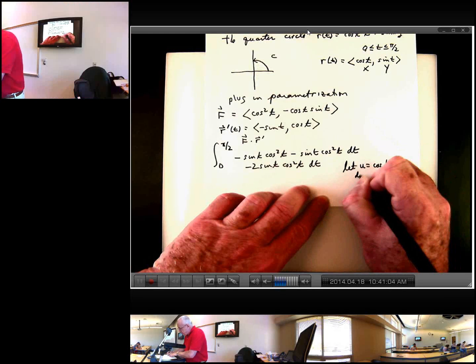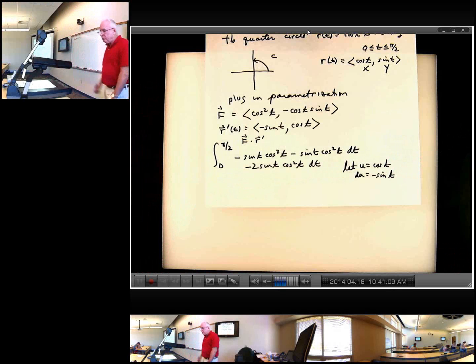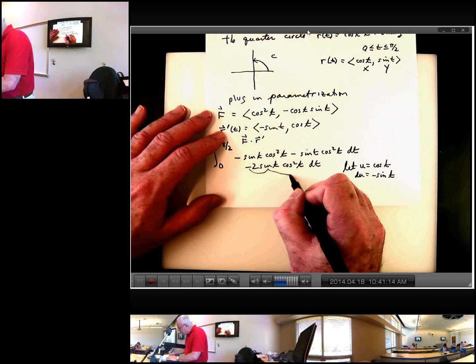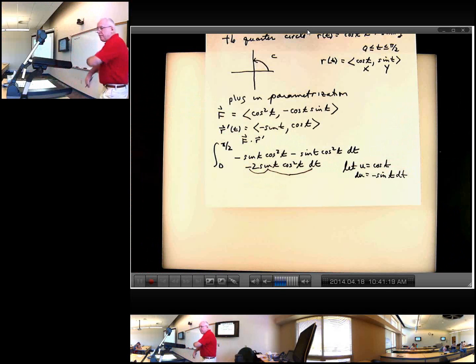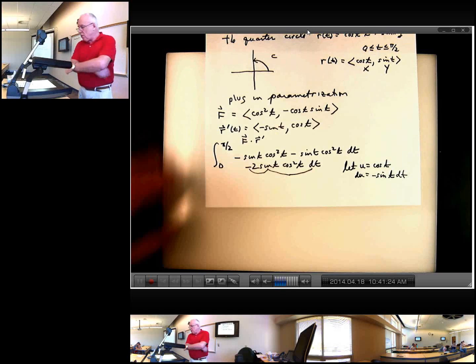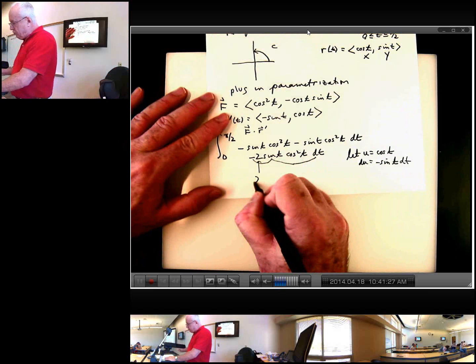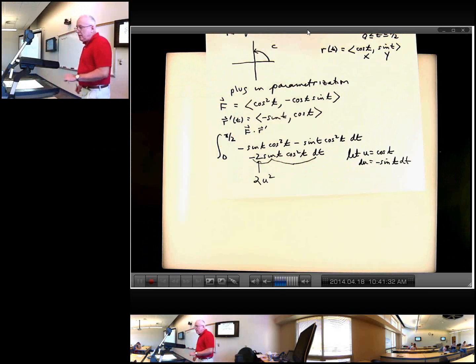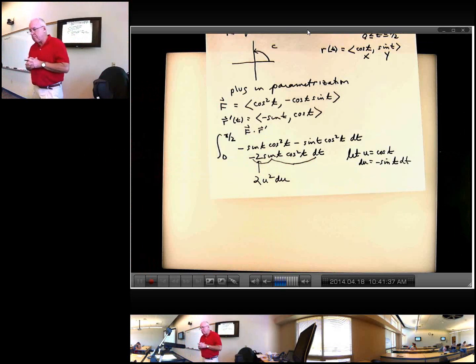So du is the negative sine of t. So notice we have negative sine t dt already there, so I can rewrite this as, I still have a 2 here though, so I have a 2, and then I have to put my u squared, and then my du, like that. Okay.